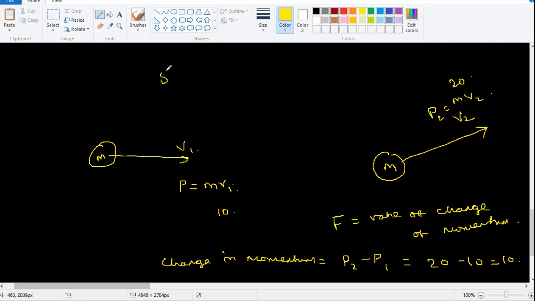If I give you 5 Newton and 2 Newton, what will be the total force? If I give you 2 forces, 5 Newton and 2 Newton, what will be the resultant force? 7 Newton, sir. Any other answer?